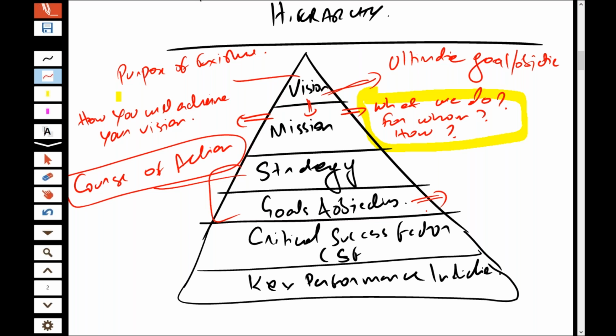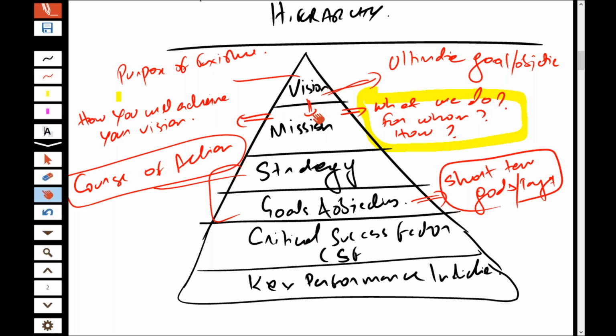What exactly do you mean by the goals and the objectives? The goals and the objectives split your strategy into short-term goals, short-term targets, short-term things that actually need to be done. So I repeat, this is how an organization operates.